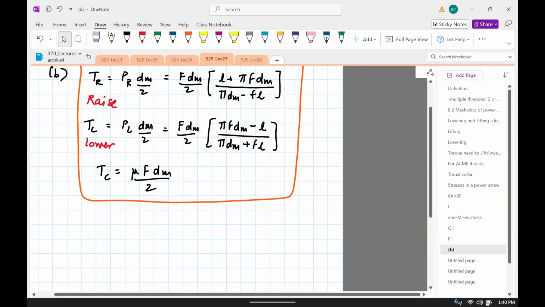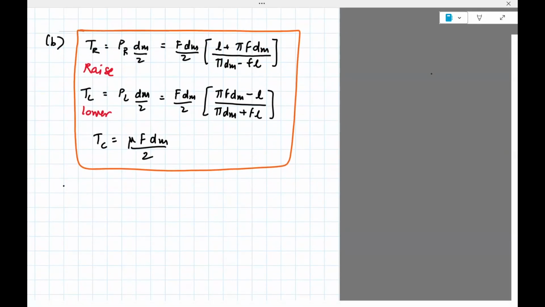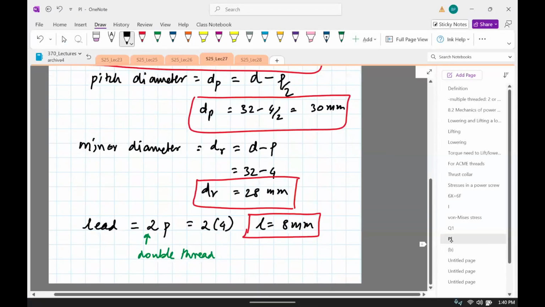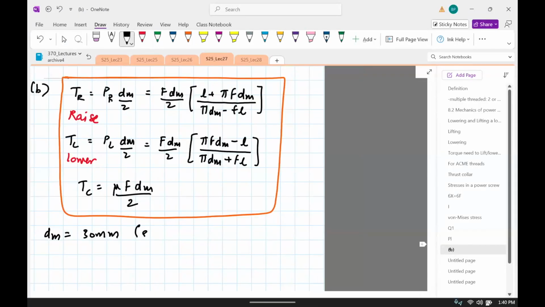So what we can do is I'm going to substitute the values. I'm just going to give you the values. dm is the mean diameter. It's 30 mm, the same as the pitch diameter dp, computed in the previous part.